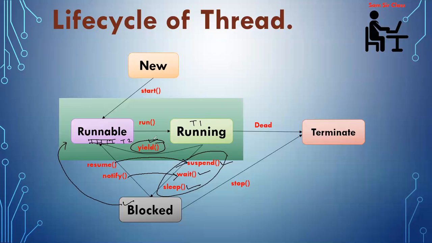So we call the yield method to make the currently running thread come to runnable directly, and T2 will get a chance for execution. And this happens when the priority is the same. So to switch the execution between same priority threads, the yield method is called by JVM.